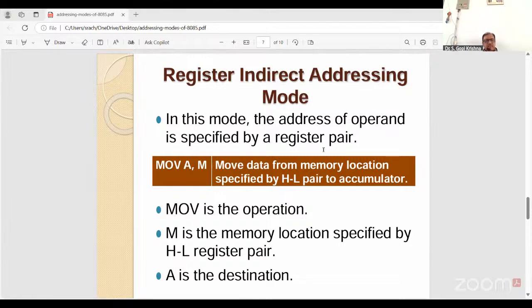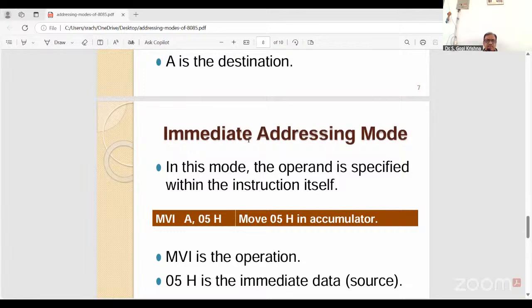Whatever data is available at that address will be transferred to the accumulator. Then we call MOV A, M. So M is the memory location specified by the HL register pair, and A is the destination. Instructions like this are examples of indirect addressing mode.